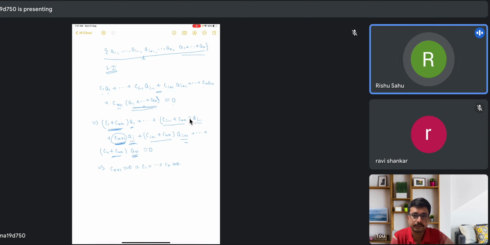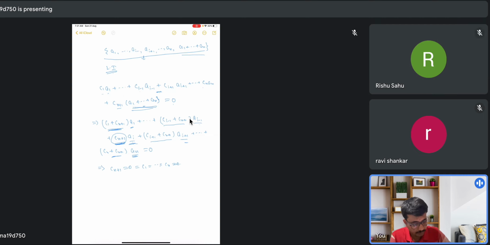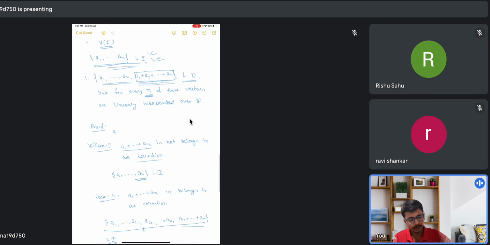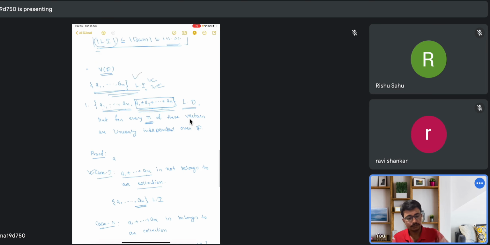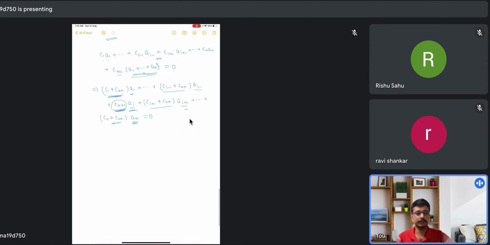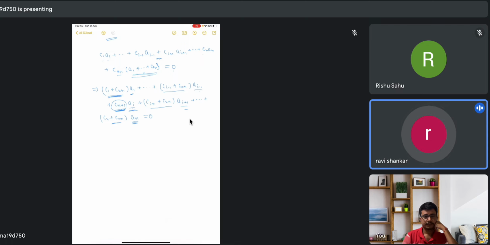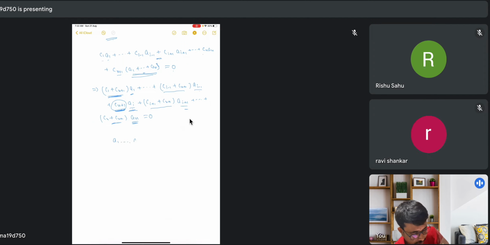Sir, how did C(n+1) come? I am not understanding. So please try for one minute. In these expressions, please tell me which elements from these sets appear in this expression. Sir, A1, A(i-1), A(i+1), An. Yes, A(i-1), A(i+1) up to n.